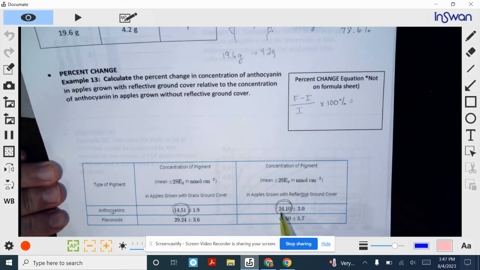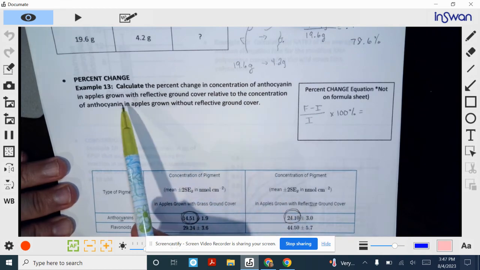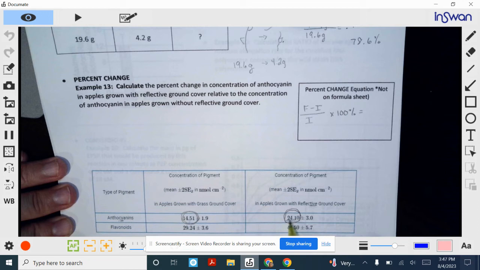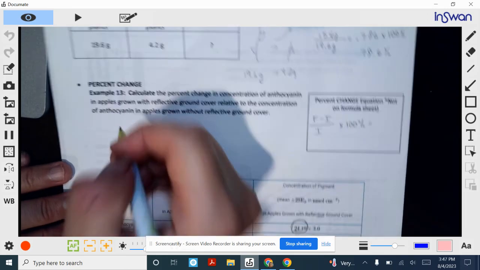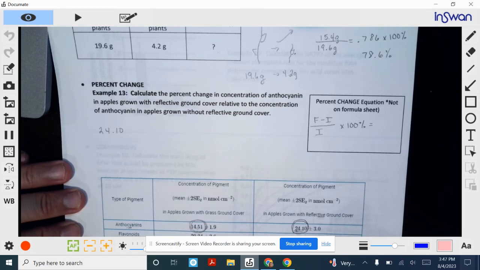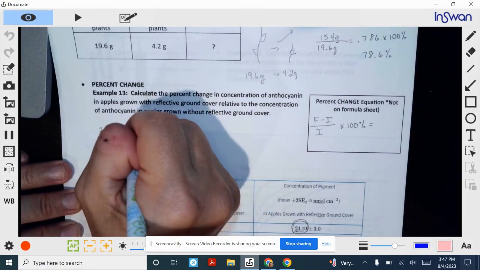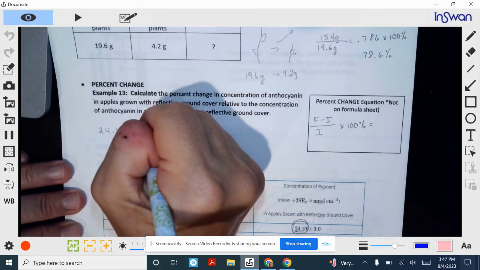All right, now they first talk about this number right here. This one comes first, okay? So we're going to call that just this first number in our equation. So they mentioned this number first. So I'm going to write 24.10. And here's my units. I know they make no sense to you, but we want to write it in moles. Pretty sure there should be a times there or a dot there.